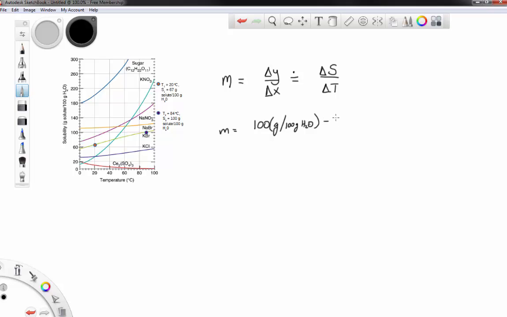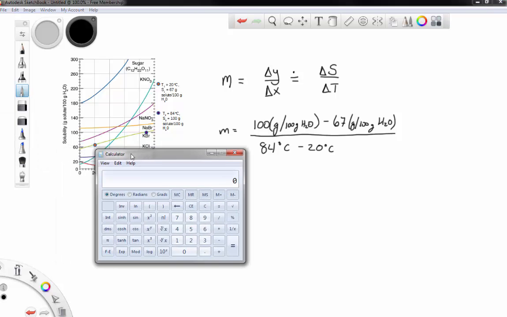Minus another 67 grams per 100 grams of H2O. And then that's going to be divided by the change in temperature, which is basically 84 degrees C minus 20 degrees C. So I'm going to have to pull out a calculator now to solve this.